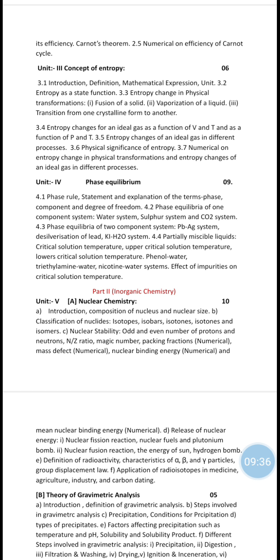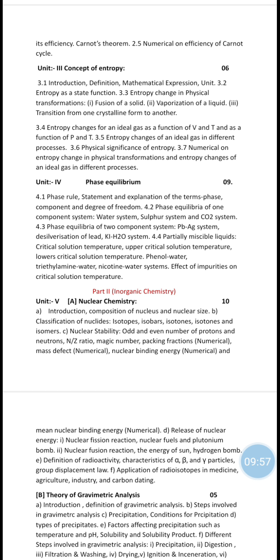Then in this concept we will see what is meant by phase, and there is a rule called the phase rule that governs the mixing of two phases or the system of two phases.